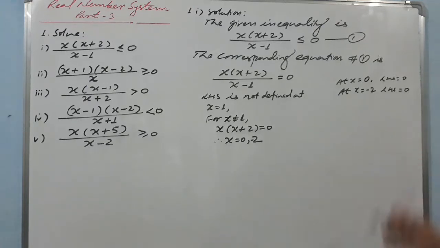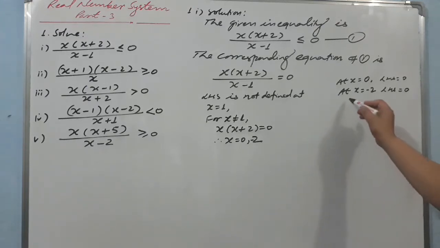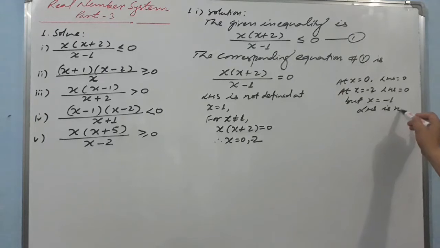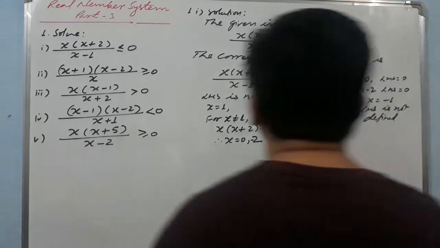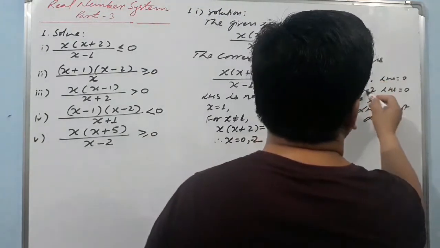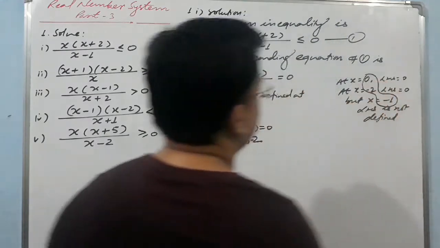But at x is equal to 1, left hand side is not defined. Now, so you have critical values. So these all are called your critical values.